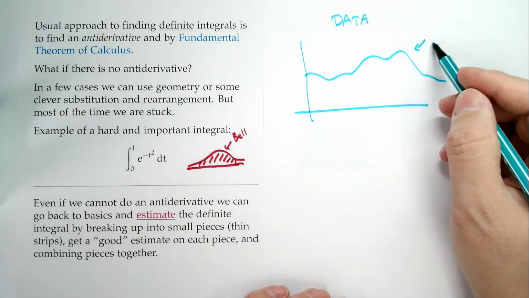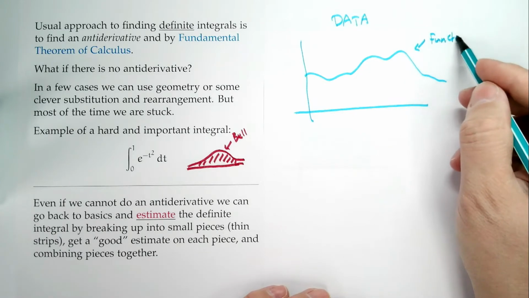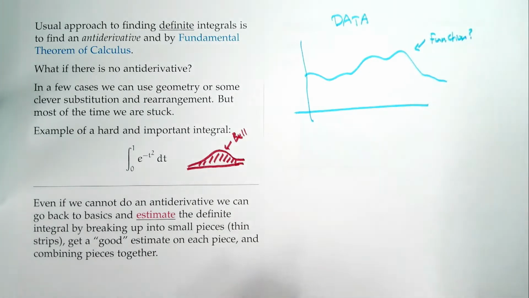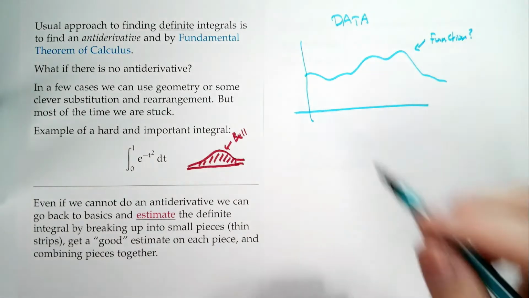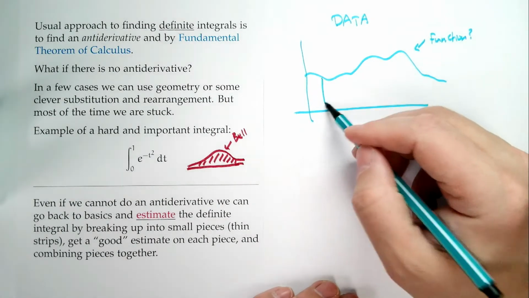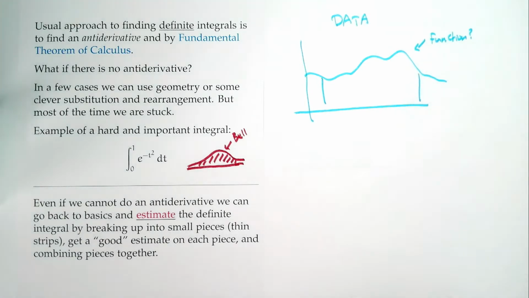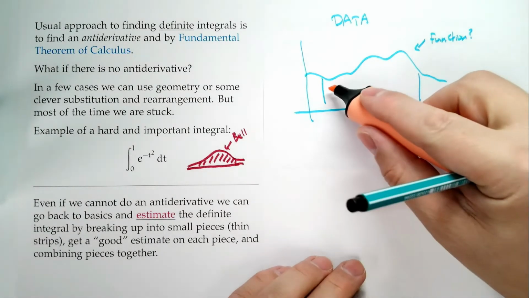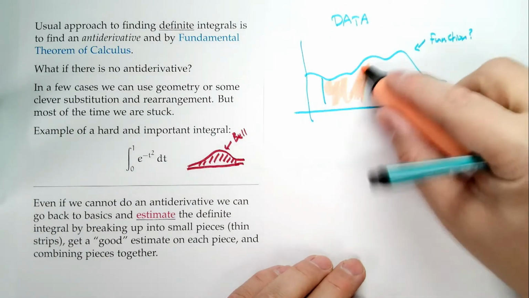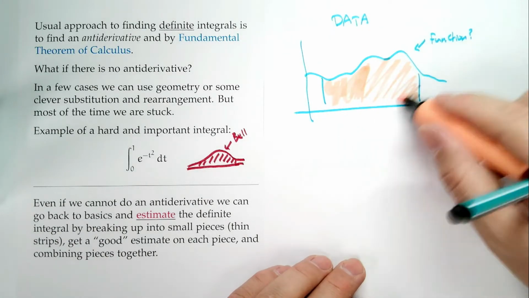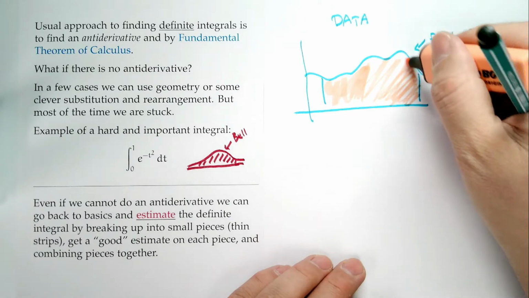I don't know. I don't know the function. But I do know what's happening. I can measure it at different points. And, well, based off the data, we might want to say, okay, what's the total between 2 points? You know, what's the total amount of accumulation?